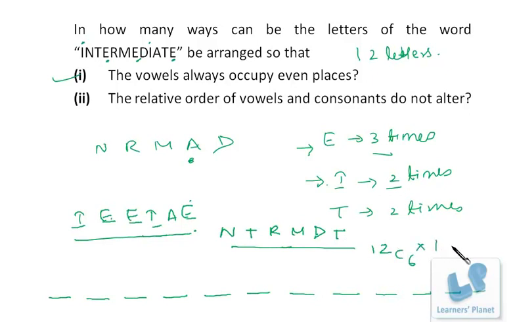Now on the remaining 6 positions, we have to arrange the vowels in this order only. So 6 positions are there, 6 vowels are there, and a single arrangement is possible, so it's 1. So in all our answer is 12C6, that is 12 factorial by 6 factorial into 6 factorial. This is the answer.